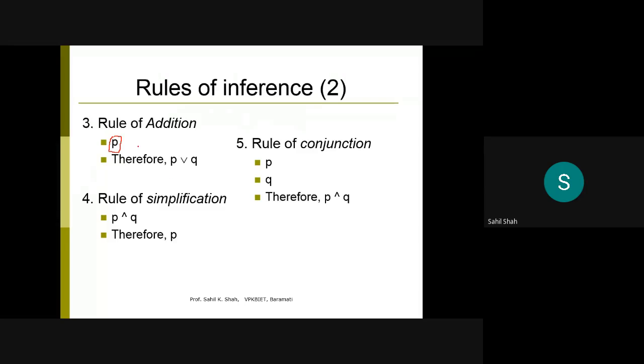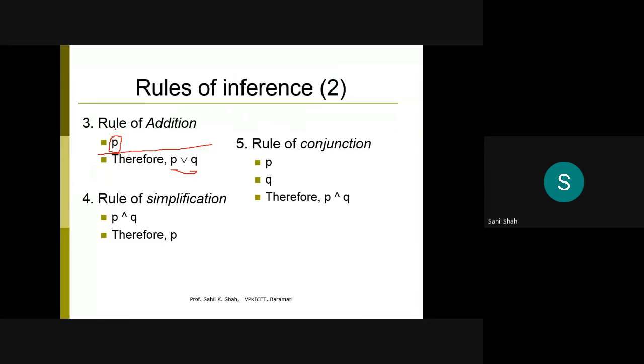So if you are given a single P, you can conclude that its disjunction with any other proposition Q will also be true. Obviously, if P is true, then P is available in P or Q. I am not at all interested in the truth value of Q. It can be either true or false, but my entire statement P or Q will always be true.